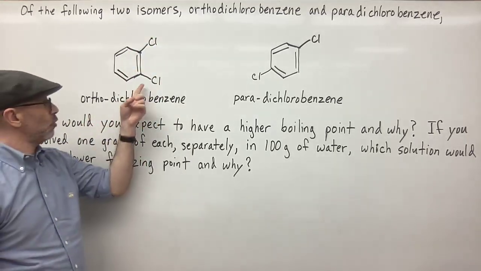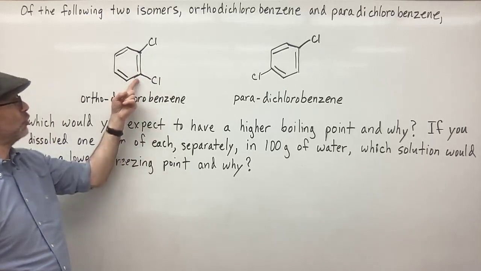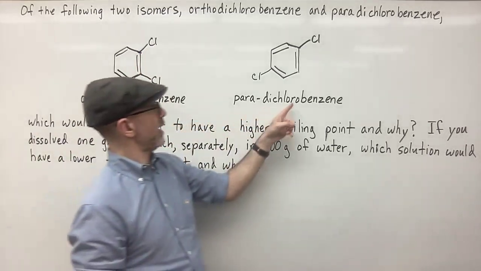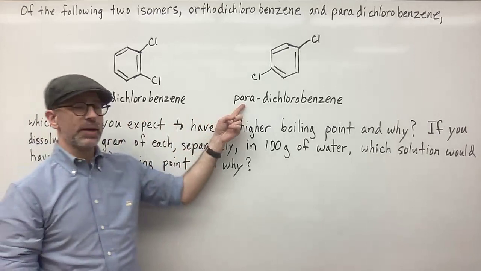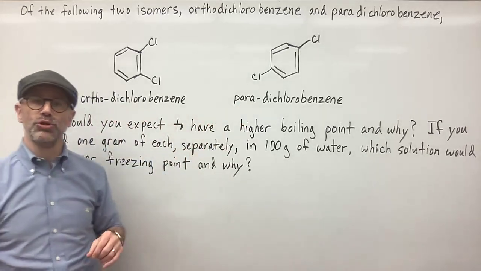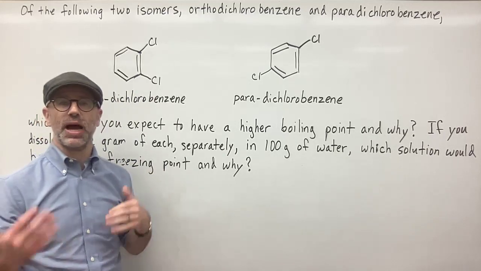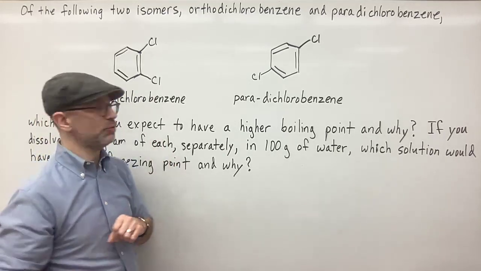And the dichloro means that we have two chlorines attached to the benzene ring. So we have dichloro here and we have dichloro here. The ortho and the para are telling you how those two chlorines are positioned on the benzene ring relative to each other.